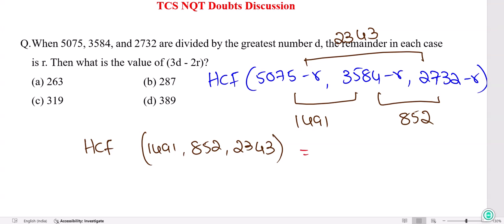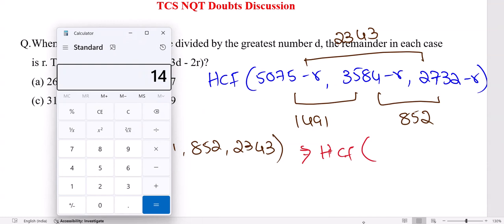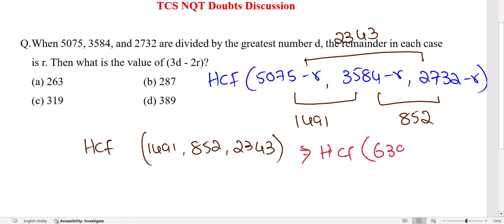Sir, this is also a big value, I am facing difficulty. Again take differences. This is a big value, yeah, again take differences until it becomes a smaller number and you get a certain idea. Until then you can take differences again and again. Now I am taking difference to make it a bit easy for us. So 1491, 852, right? Subtract 852 from that. We got 639.